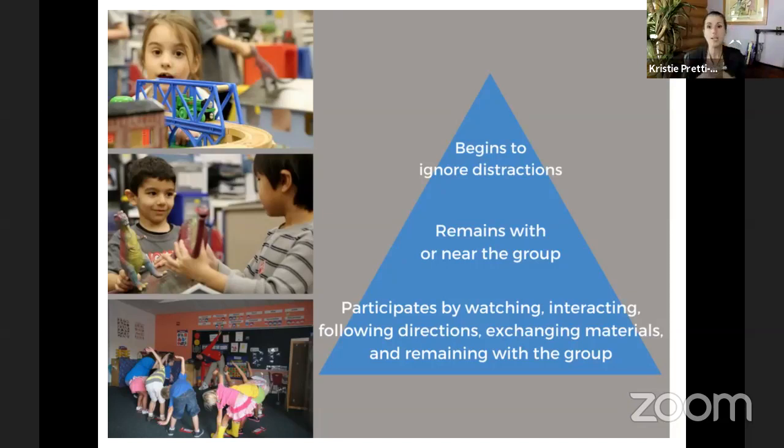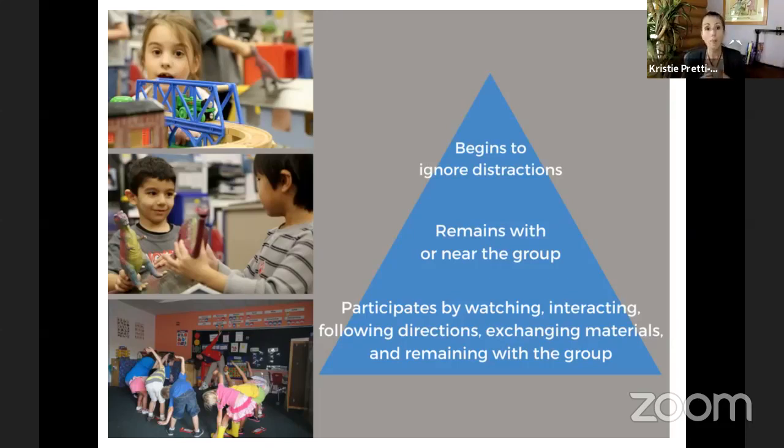Or mind blown. Then we go all the way up the triangle and we go, some kids are learning to ignore distractions. So in the same activity, the same circle time, the same small group, some kids are learning participation in all its fullness.